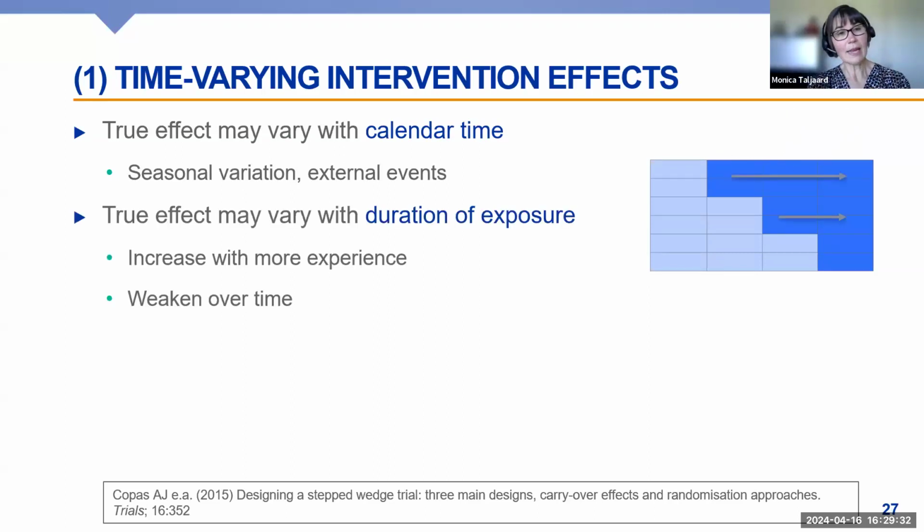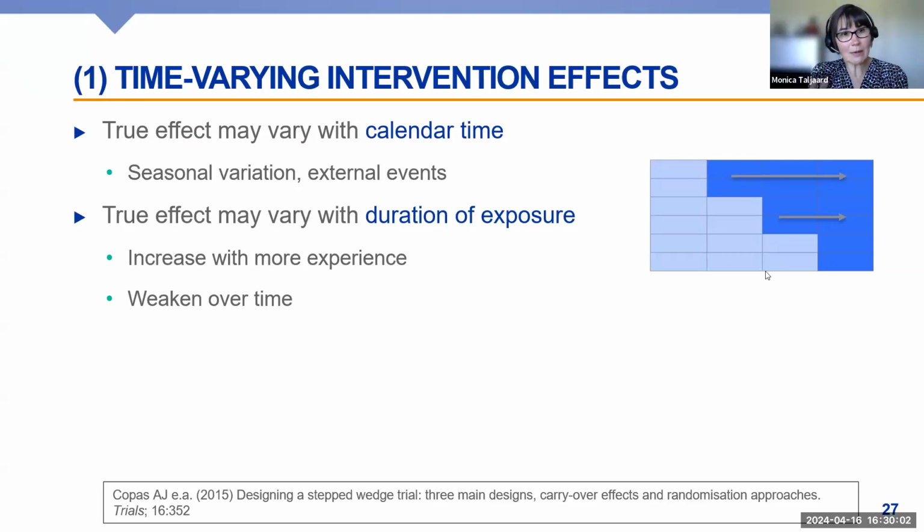And the second way that the intervention effect could vary with time is it could vary with the duration of exposure. So as you can see, some clusters receive the intervention for 3 periods, other clusters receive it for 2 periods, and other clusters receive the intervention for only 1 period. So it's possible that the strength of the intervention increases with time as they get more experience, but the reverse, of course, is also true. The intervention effect could weaken over time.